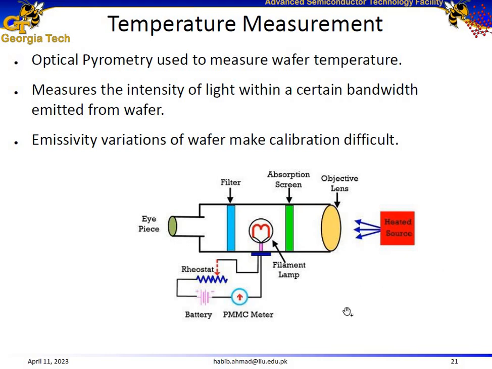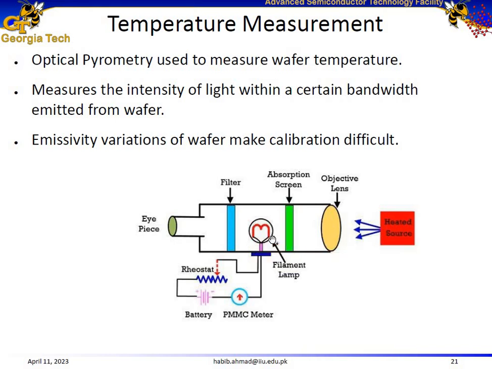We measure the temperature using a pyrometer, and a pyrometer is used for a lot of other systems, for example, for measuring the temperature in molecular beam epitaxy, which is a growth process. So for the temperature measurement, we have a heated source, and we want to remotely measure the temperature of this heated source. This heated source is going to radiate light of different wavelengths, and the pyrometer actually has a lens.